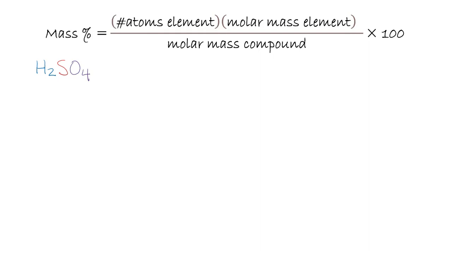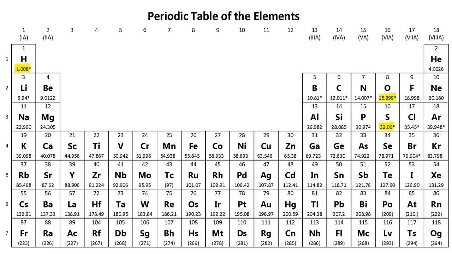And we'll start by calculating the molar mass of the compound, H2SO4. The molar masses of the elements are 1.008 for hydrogen, 32.06 for sulfur, and 15.999 for oxygen.